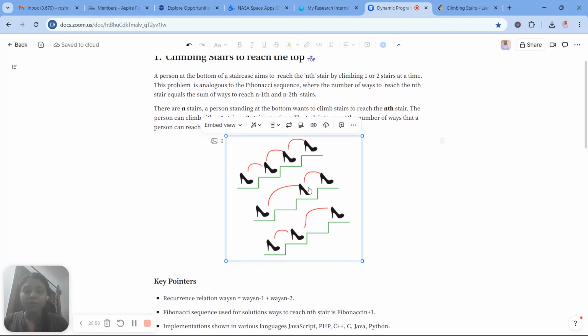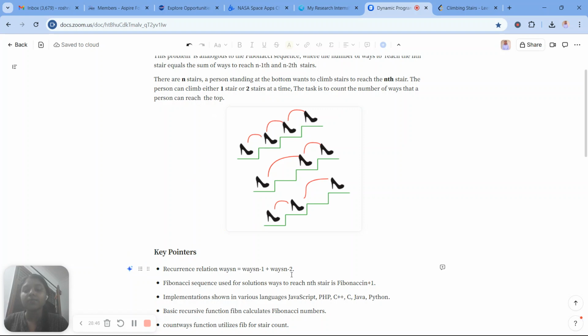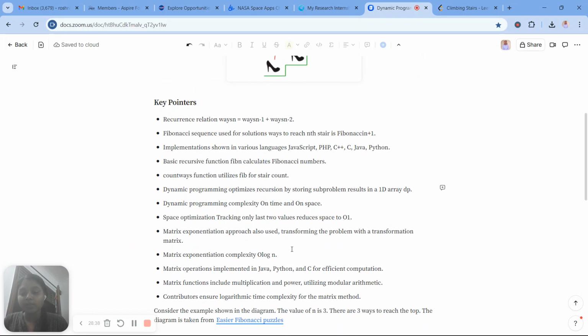Let's take an example. As you walk on stairs, you take the first step, then the second step, then the third step, one by one. That is what we have to do here also. The key points to take care of: first, the recurrence relation.